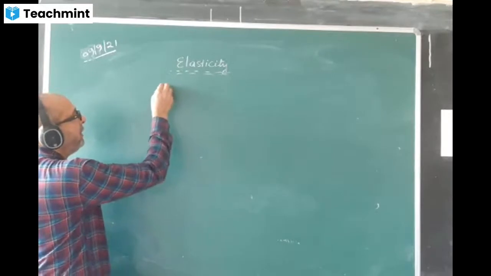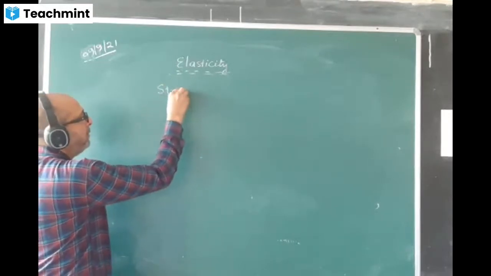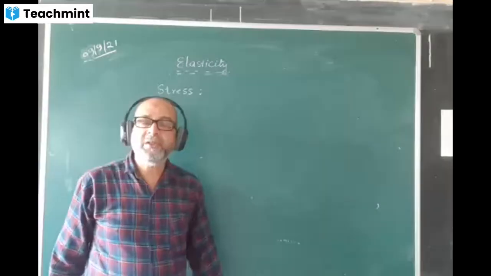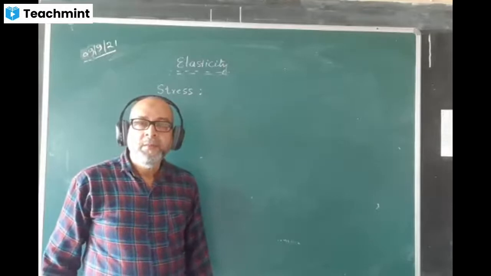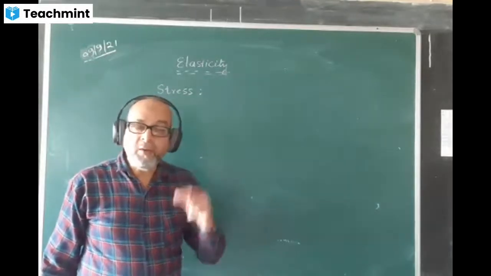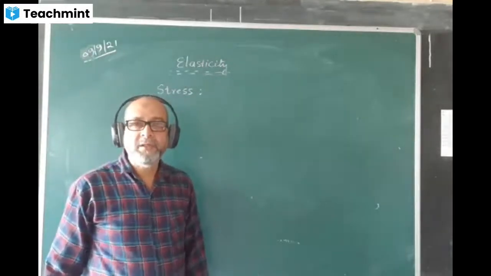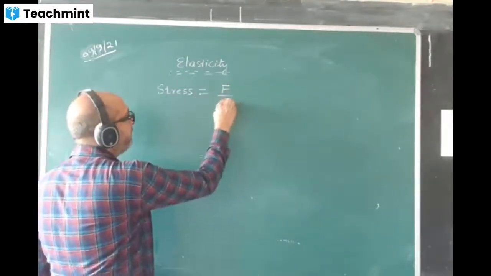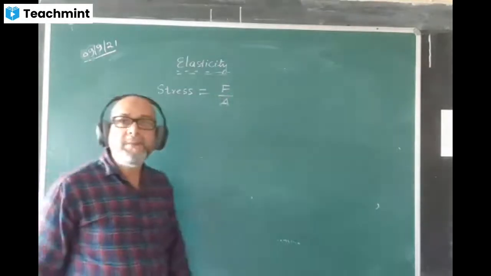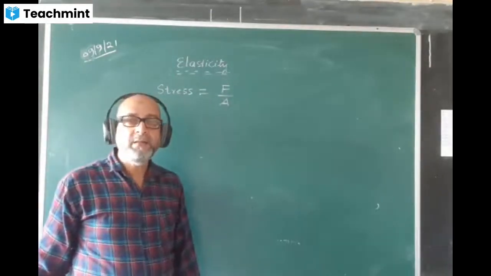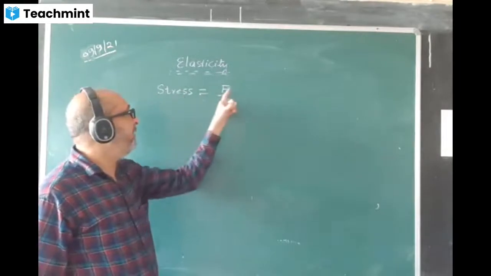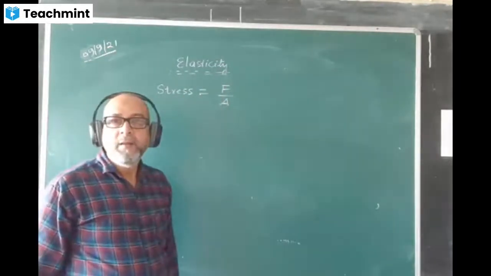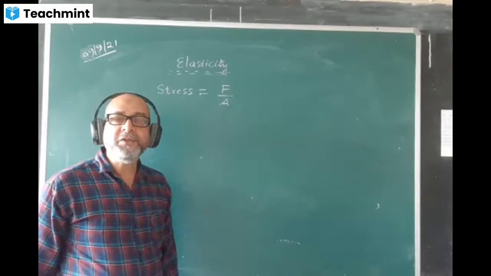Okay. First one, write down here stress. What is the stress? Force per unit area of cross section of a body is called stress. So stress formula will have F by A. The force applied per unit area is called stress, and we write F by A. Have you understood?